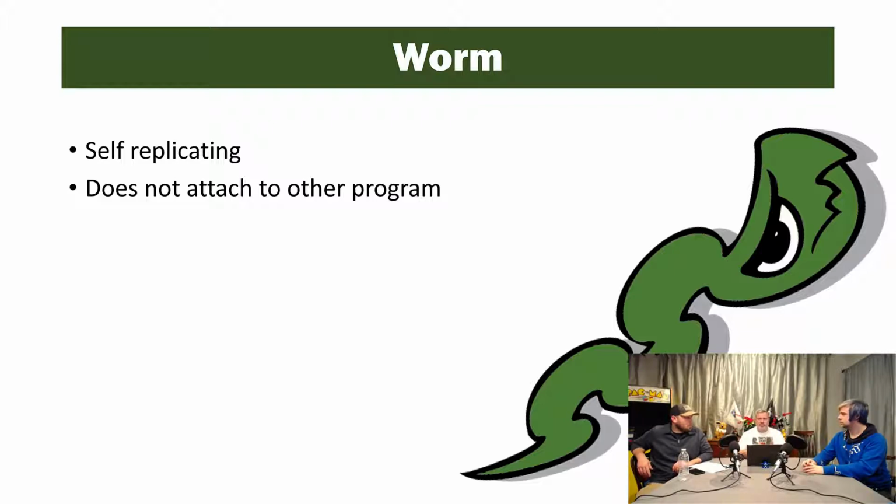It needed a vulnerability in Microsoft SQL, and if it found a system with that, it would exploit it on its own, and then that system would become part of the big network of worms and send it out again. Essentially, it does not really attach to another program. It's its own thing. It moves from place to place. It's self-replicating, which, like Jimmy said, is the dangerous part. They're incredibly fast because they're self-replicating.